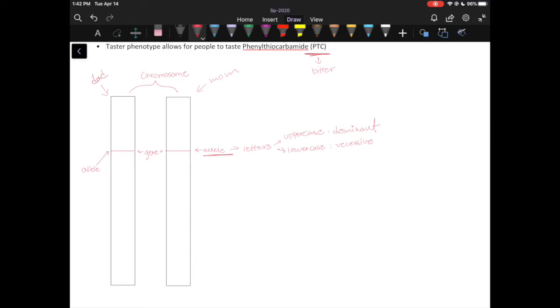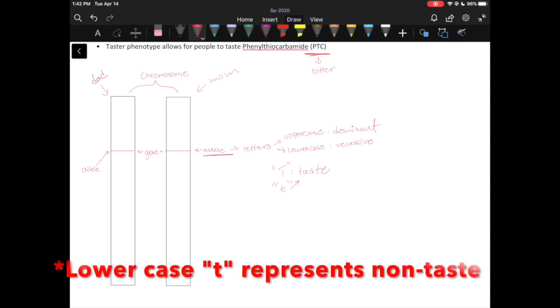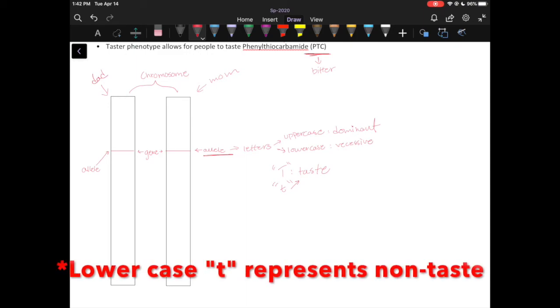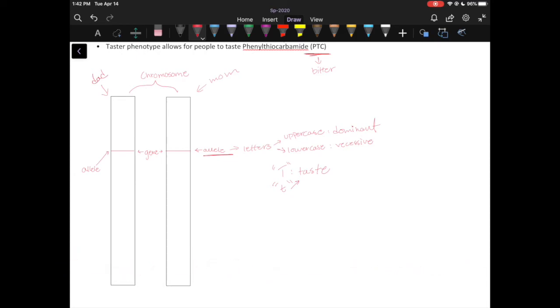So let's represent the taste allele by the letter T, or lowercase t for that matter. Let's say for an individual to taste PTC, they have to be dominant, meaning that their alleles either have to be a capital T and a capital T, or a capital T and a lowercase t.